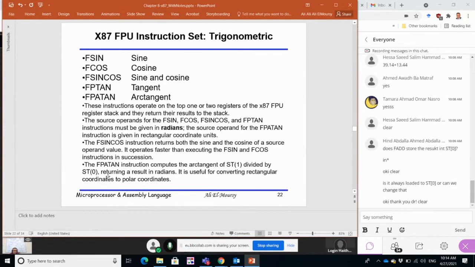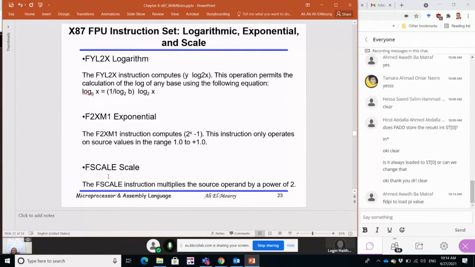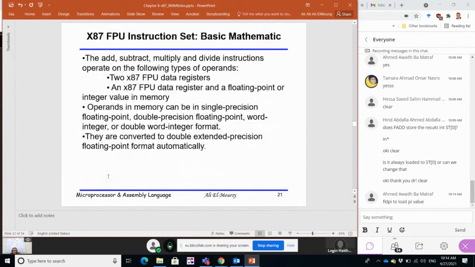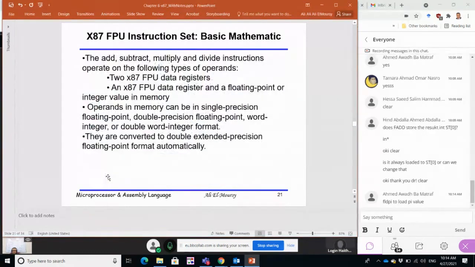So X87 can perform scientific mathematical operations. You can get the log, you can do exponential, scaling. Okay, a lot of operations. So you can see here a floating point pi. Where is this instruction?